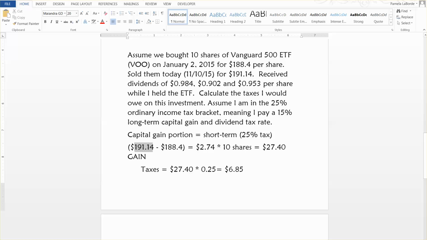You might not sell these shares this year, and the IRS doesn't know if you're going to sell them this year or next year or the year after that. So you don't even owe taxes on the selling of your stock until you sell them. And then you owe the entire tax on the capital gain, and you'll just have to pay that whenever you file your taxes for that particular year.